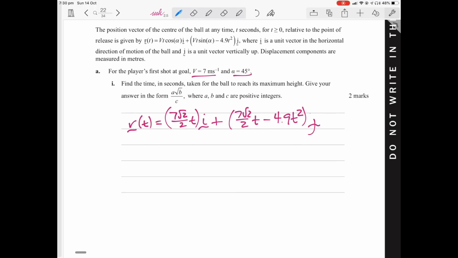Okay, so velocity, we only care about the vertical component. So v j of t equals 0. Therefore, 7 root 2 on 2 minus 9.8 t equals 0.